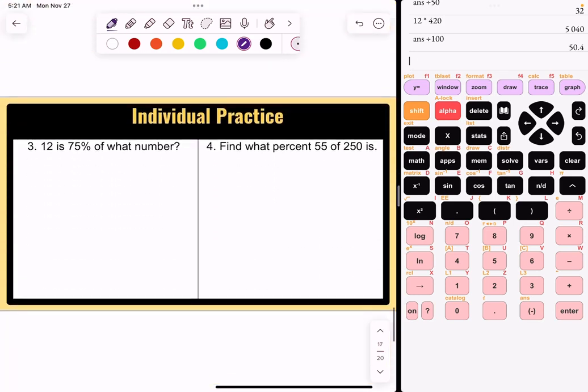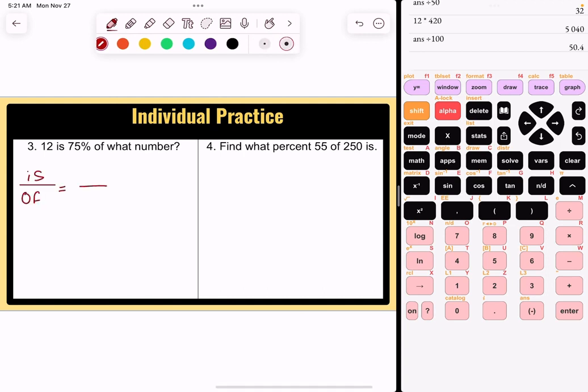Now you pause the video and try this. Alright, let's see. Remember, it is over of equals percent over 100. 12 is. So 12 goes in the is part.